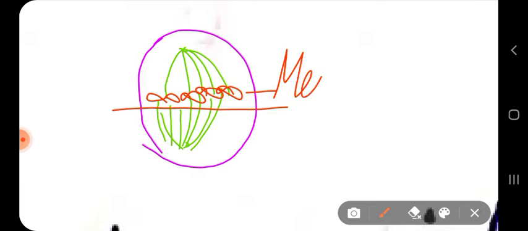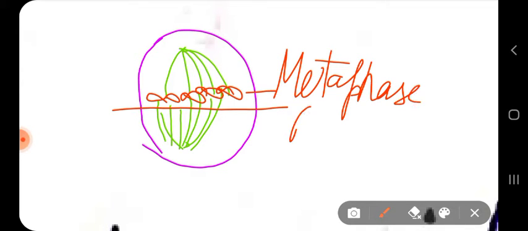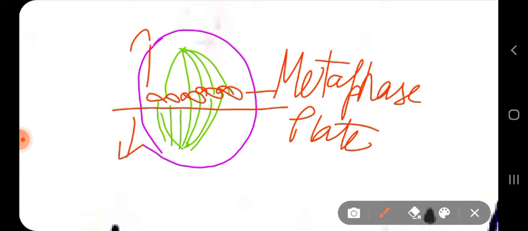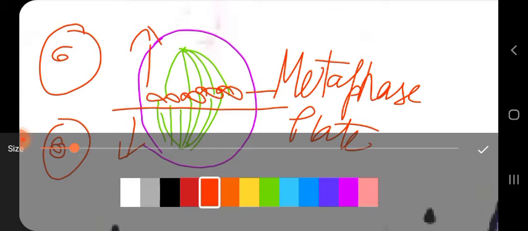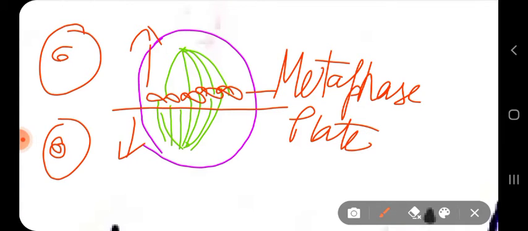So the chromosomes align at the center, known as the metaphase plate. These chromosomes have to migrate to the opposite poles, so that they can be equally divided among the daughter cells during mitosis.